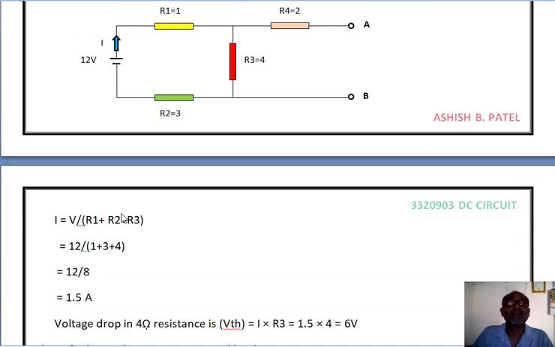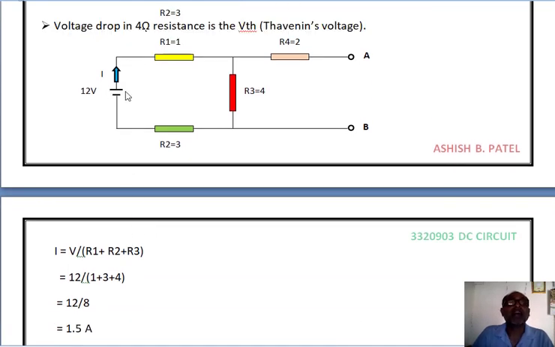So here we can write I is equal to V upon R. R1, R2 and R3 are in series, because R4 is not accounted for, as there is no current passing through it due to the open terminal. So you can neglect it, because we are interested in the current passing through R3.